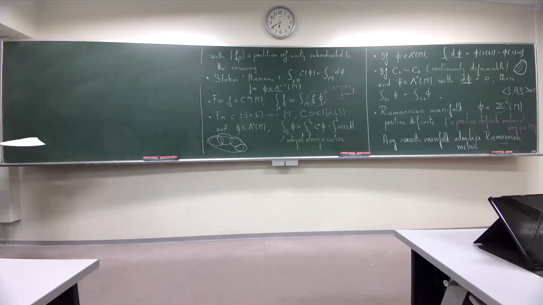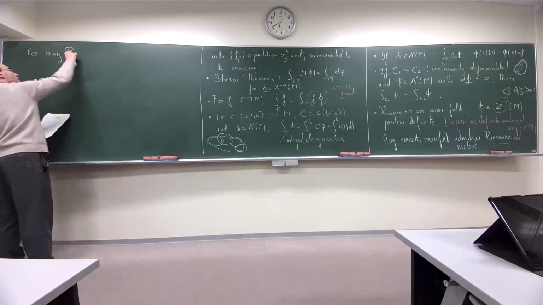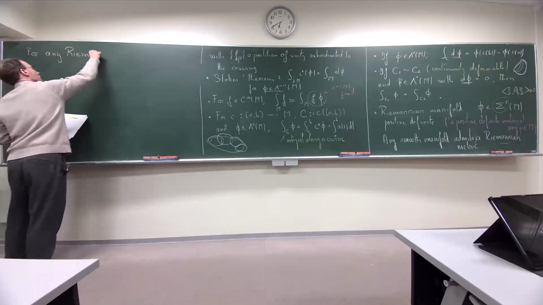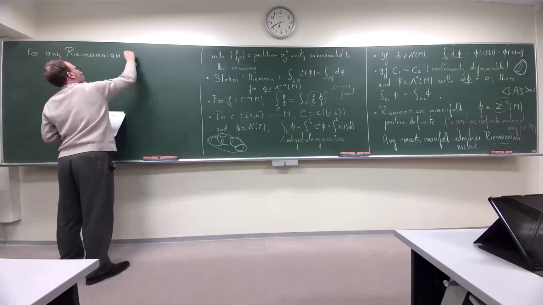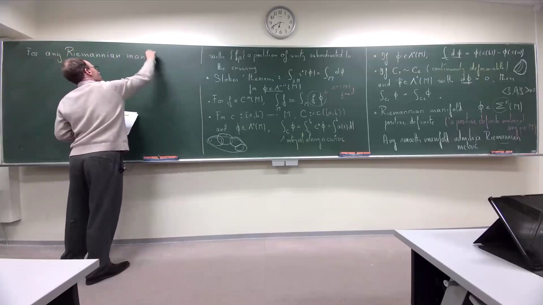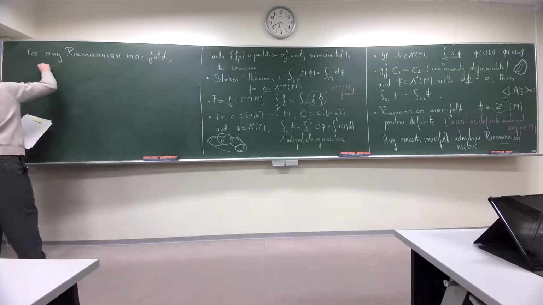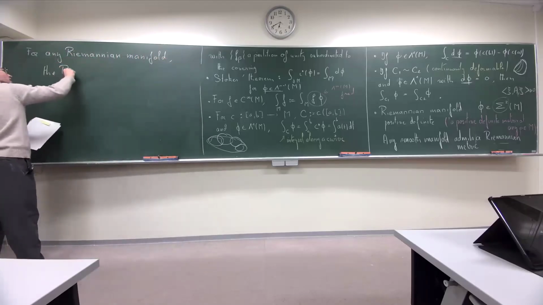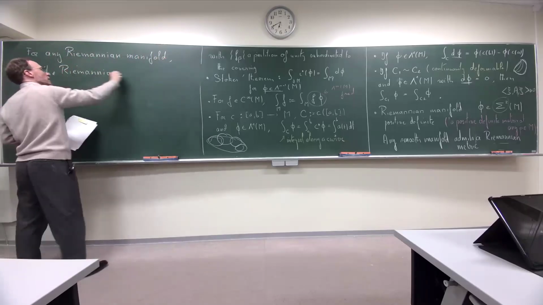But let me continue with Riemannian manifolds. For any Riemannian manifold, we have this Riemannian metric. This Riemannian metric, I will denote it by phi.